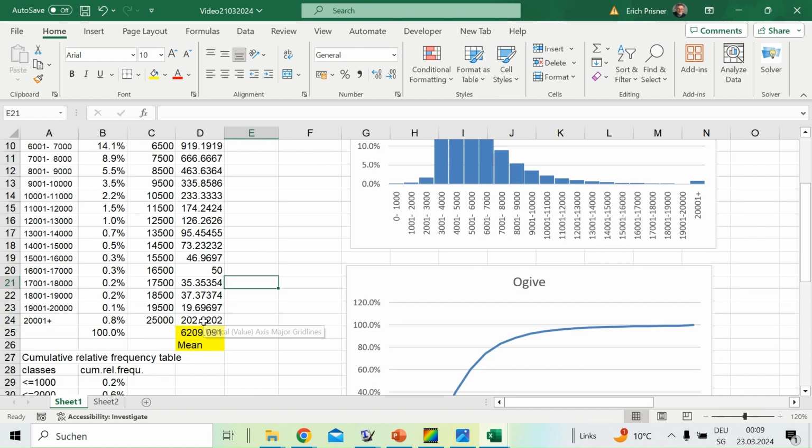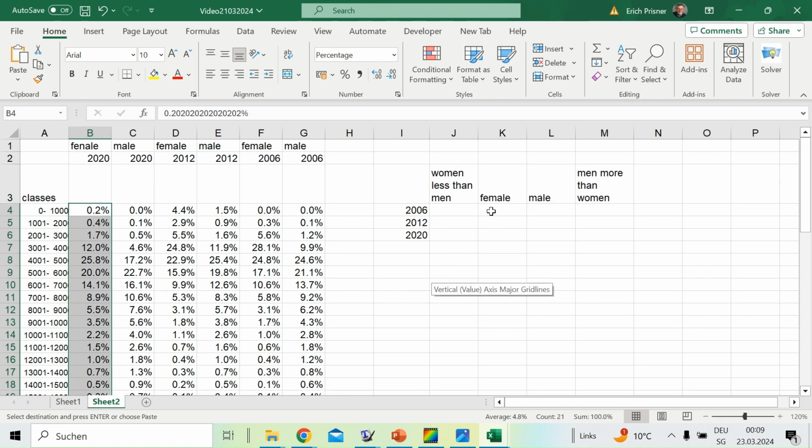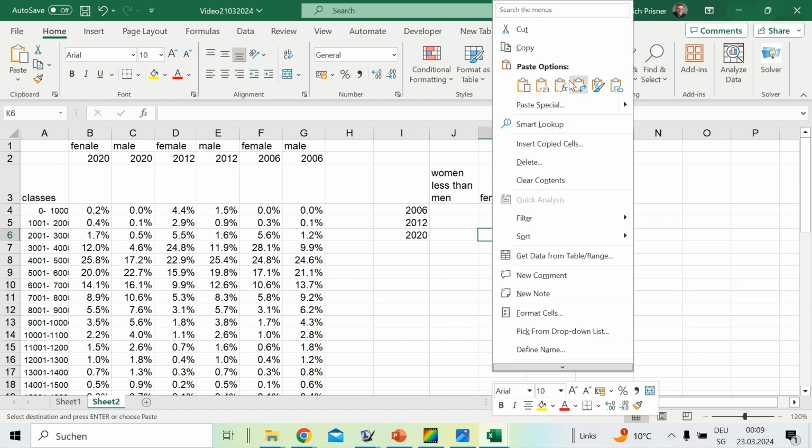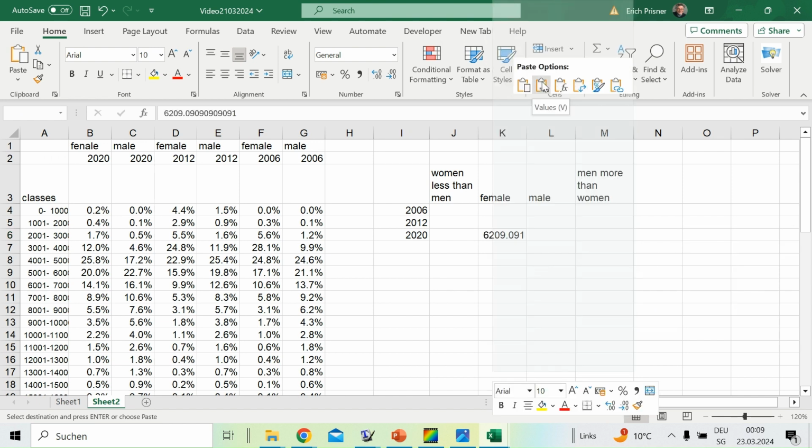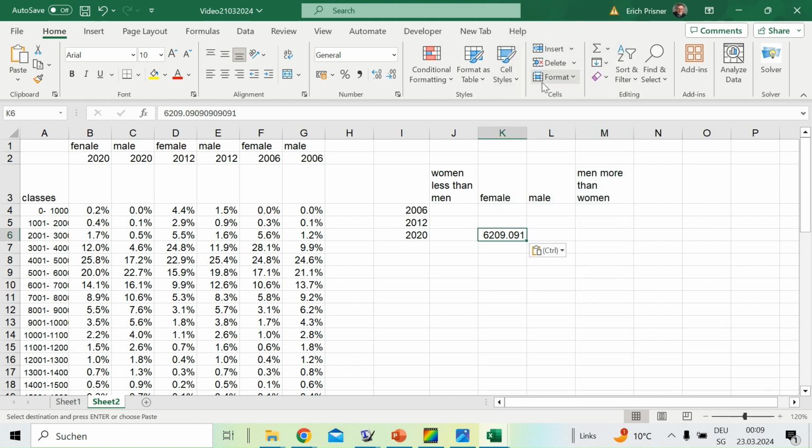So let me copy this formula in. So I'm copying this one. I'm going to sheet 2. And this was female 2020. This belongs here. I'm pasting it in. And I don't use the ordinary paste command. I'm right clicking and going to this special paste where I only paste in the values.